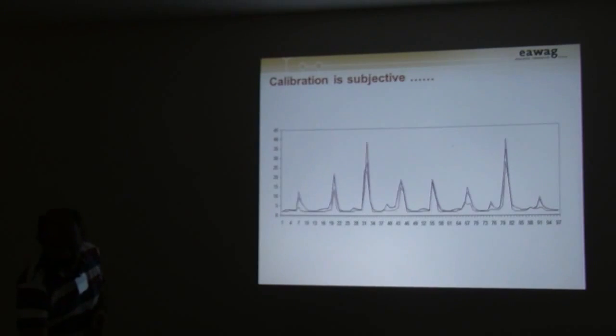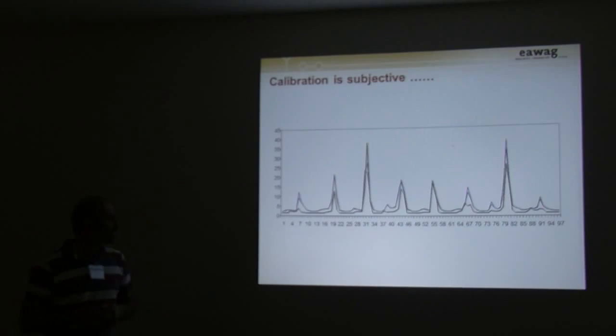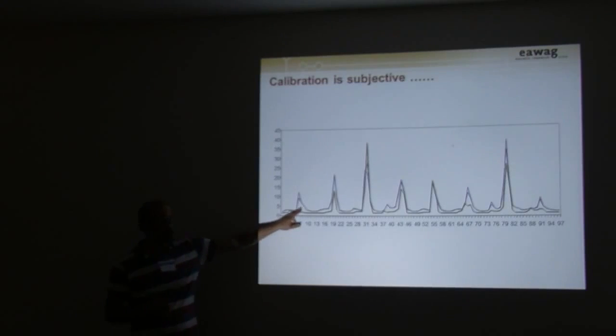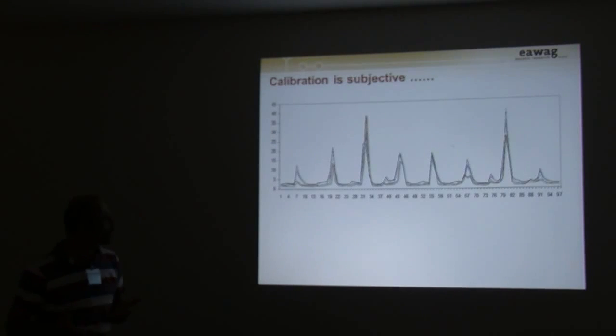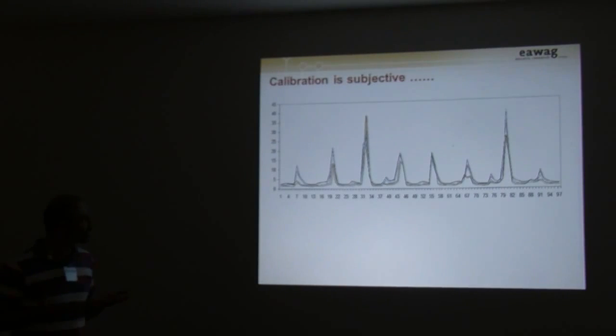And then you may recalibrate the model and get another curve like that, and then you may recalibrate the model again, and you will get another curve. These are all different from each other, and the parameters behind these curves are quite different from each other, as I will show. But they are more or less just as good as the other one. One is as good as the other one. It's very hard to say.